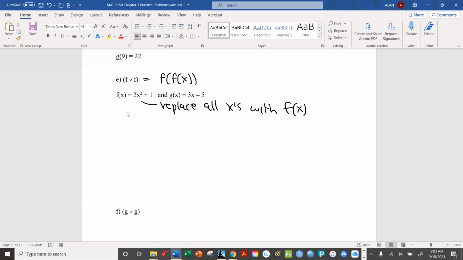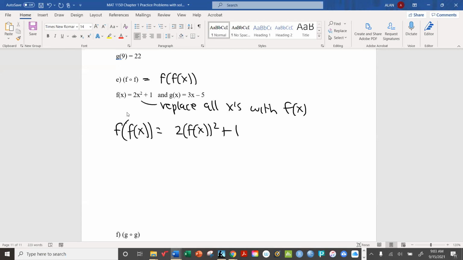But it's no stranger than saying square a square or take the square root of a square root or something like that. So f of f of x would be 2 times f of x squared plus 1.